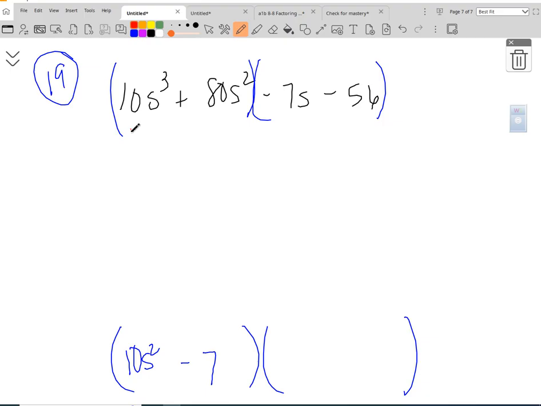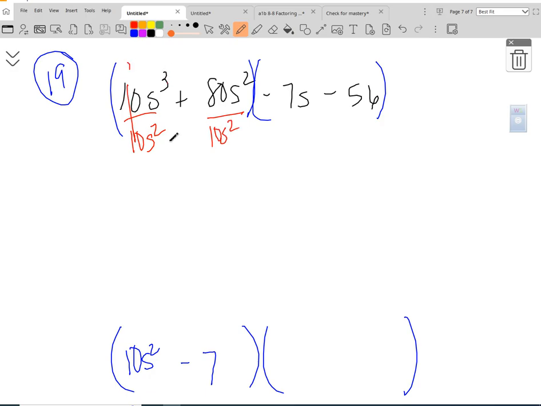What's your step? We grouped. We found the greatest common factor of each group. We added them or subtracted them to get our first factor. Yes. Divide. What are we dividing? What are we dividing it by? Yes. 10 divided by 10 is 1.